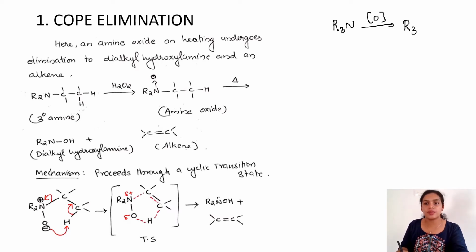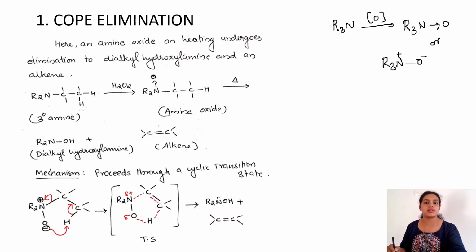So the structure will be R3N coordinate bond O, or we can say this is R3N+ and O-. The mechanism proceeds through a cyclic transition state. In that mechanism, you can clearly understand how the reaction proceeds, and you can see the transition state in this slide and the product also.